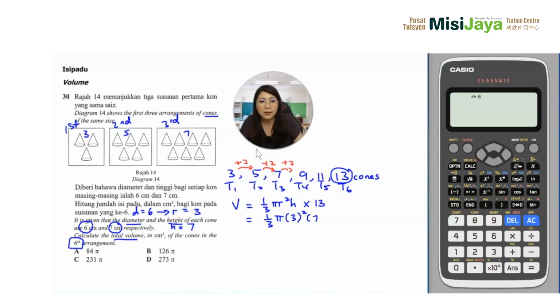Then the height is 7, and then times 13. Let's use the calculator. 1/3 times 3 squared is 9, so times 9, times 7, then times 13. We have 273 pi, and the unit for volume is cm cube. So this is the answer. Let's look at A, B, C, D. The answer is D.